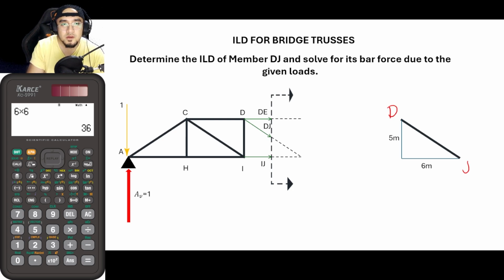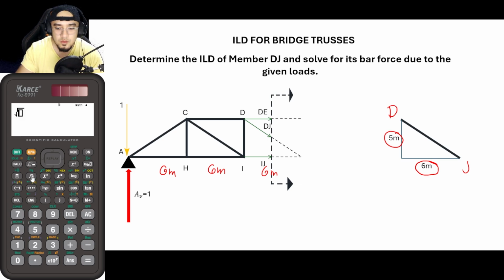According to our problem, the truss would have 6 meters dimension per span, and the height is 5 meters. So let us first solve for the hypotenuse here. The hypotenuse is basically the square root of 5 squared plus 6 squared. Answer, that is now the square root of 61.